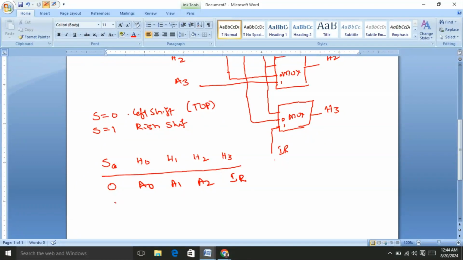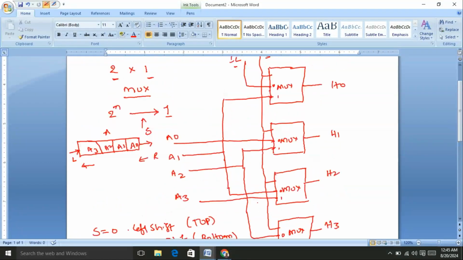Suppose the selection input 1 is there, the shift right operation is performed, that is data is shifted to the bottom, the left serial input is inserted, and then A0, A1 and A2. So this is the function table of the shift register.